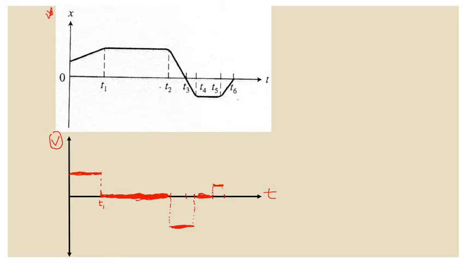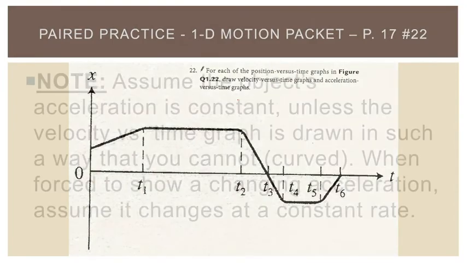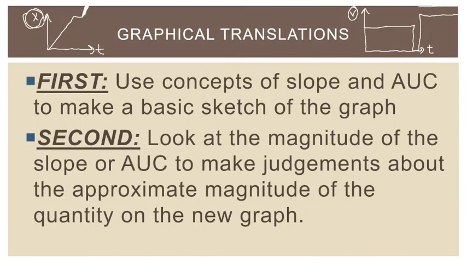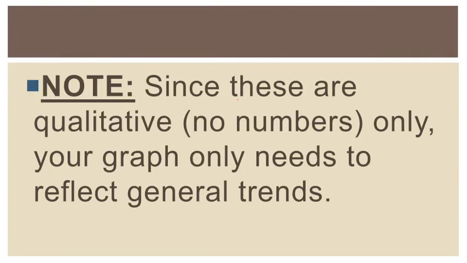If you were paying attention, you realize that's only the first part. The first part is to just make your sketch. The second part, and I'll go back and show this, is to look at the magnitude of the slopes and make judgments about the approximate magnitudes of the quantities on the new graph.